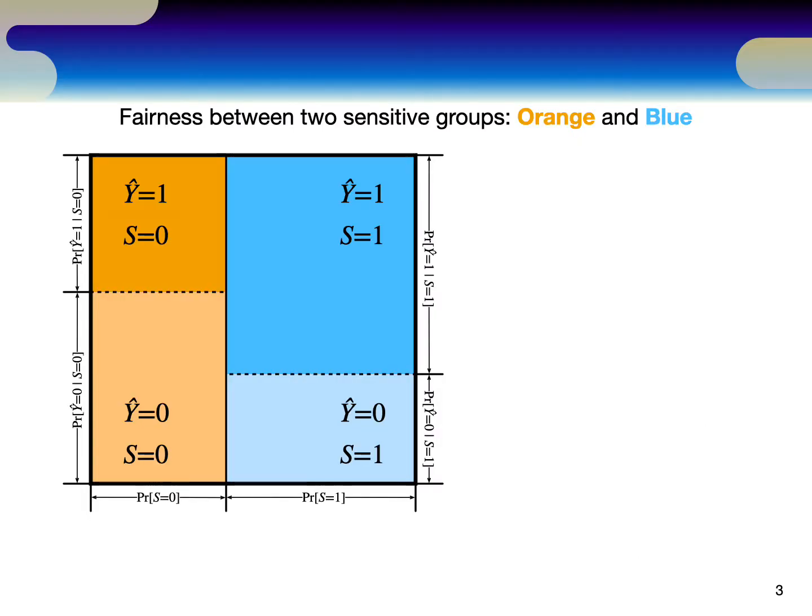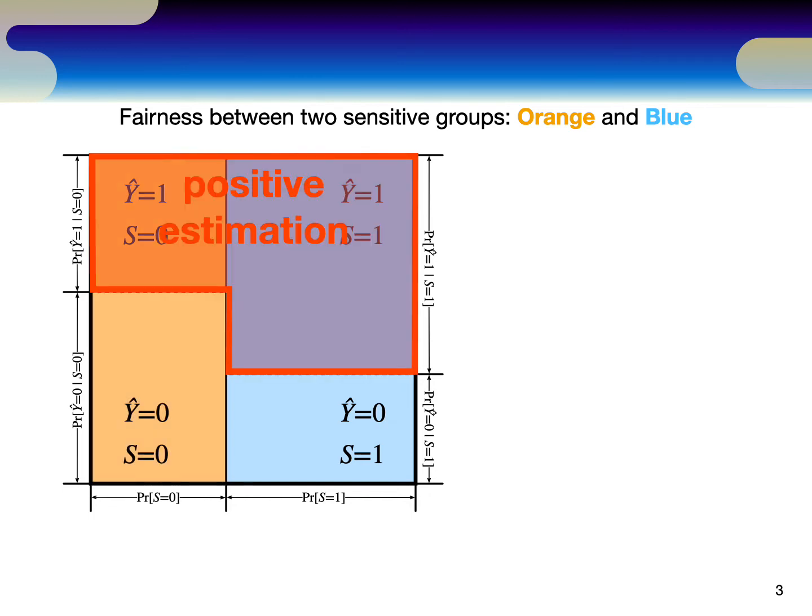The key notion is the mathematical notion of fairness. It is currently referred to as statistical parity, named by Cynthia Dwork's work. This is a mosaic plot. This indicates the majority group and the minority group.